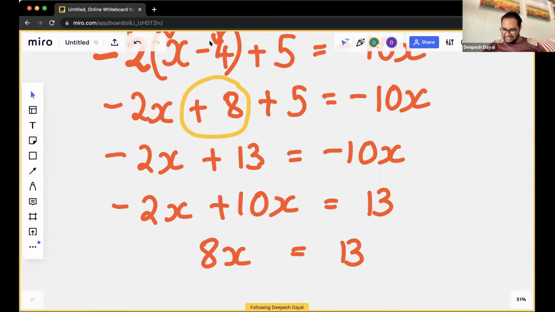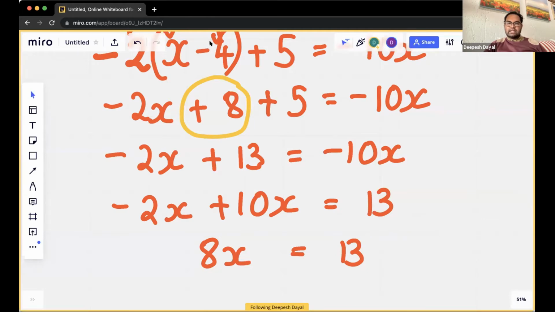I see there's a mistake here. Can you all spot where that mistake is? Maybe if you want to type in the chat and let me know, what is the mistake that I've made in this particular question? Yes? So I think you took the 10 and put it at the other side. Okay, no, that's correct. You need to do that. Yeah.